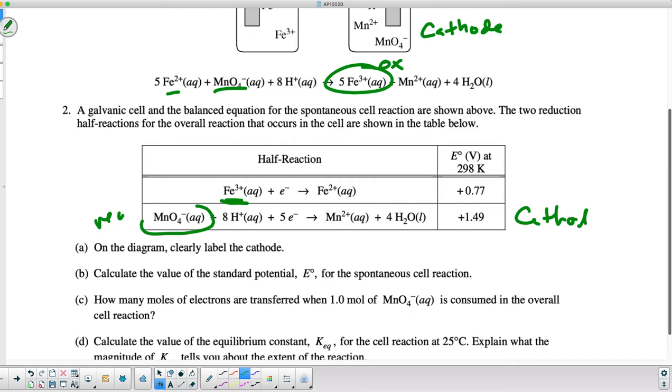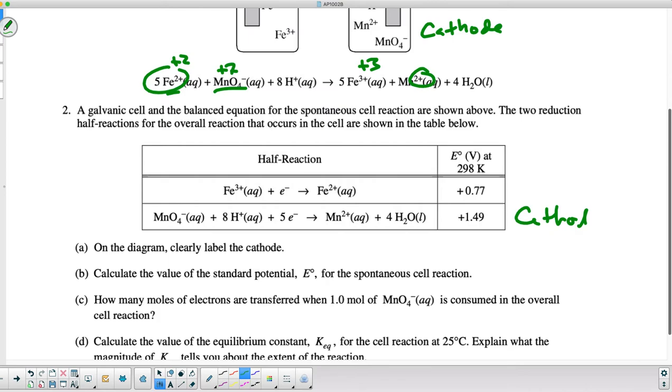So there's other ways you could do it. If you don't want to look at the reductions listed here in the half reactions, you can see that this one goes from a +2 to a +3, which means that is oxidation because we're getting more positive. This one goes from a +7, that's manganese in MnO4, to a +2 over here, which means it is reducing.